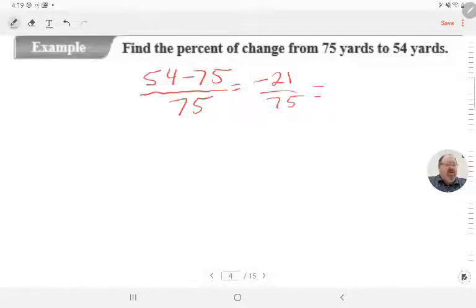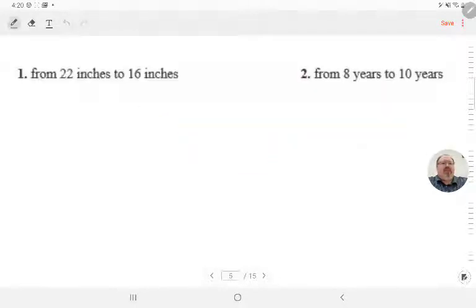Then all we have to do is take negative 21, divide it by 75, and you're going to have a negative 0.28. Now we need to change that to a percent. We can move that decimal over 2 places to the right or multiply it by 100, and we're going to get negative 28%. So the percent of change is negative 28%. It's a decrease. Okay, percent of decrease. All right, so you try these two, come back and see how you did.